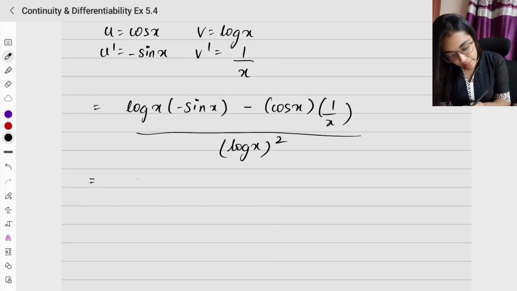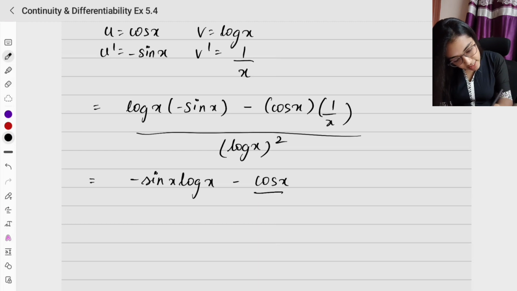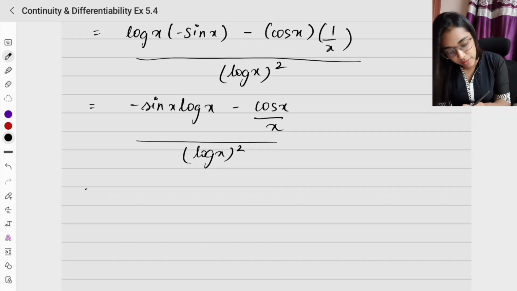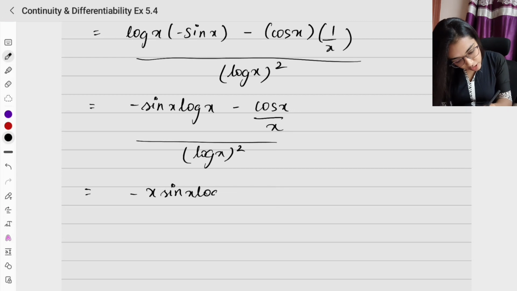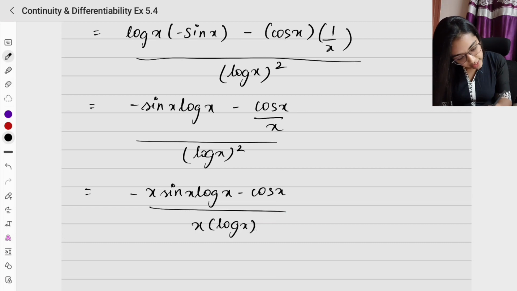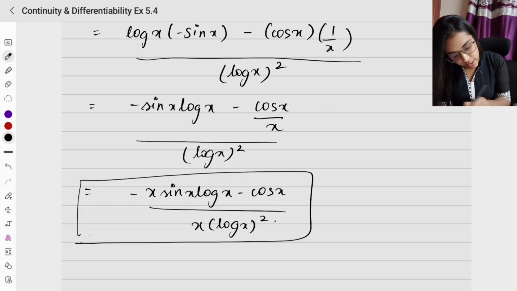So this is going to be minus sin x log x minus cos x divided by x, the whole divided by log x the whole square. So இது வேணும்னா நம்ம LCM எடுத்து you can make it look more beautiful. So minus x sin x log x minus cos x the whole divided by x times log x the whole square. This is my final answer. Okay, please copy.